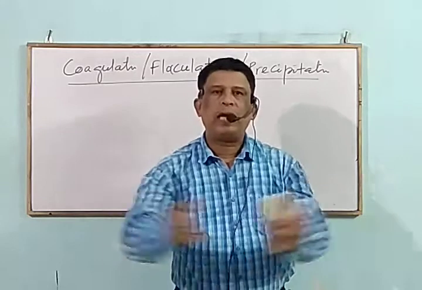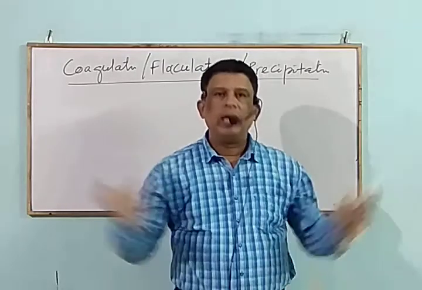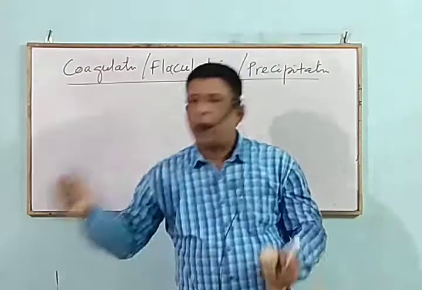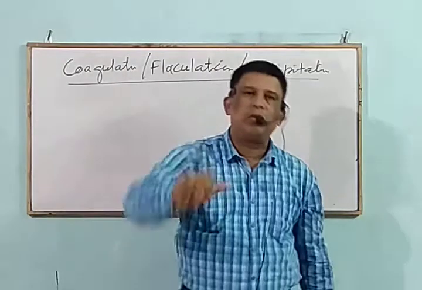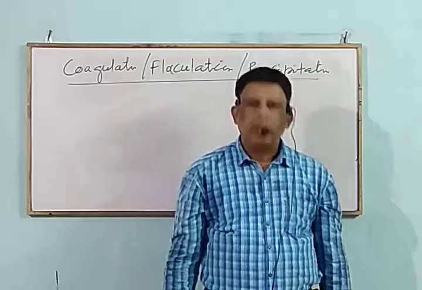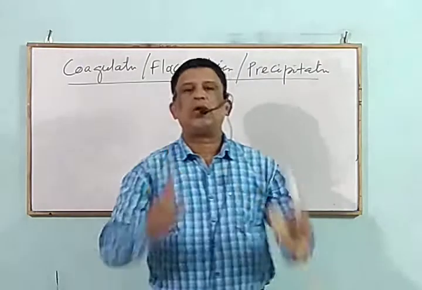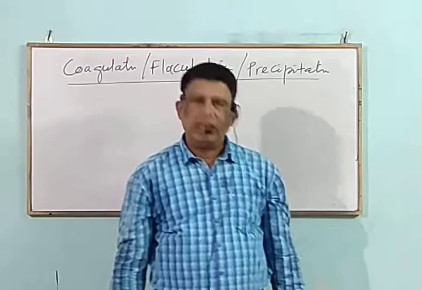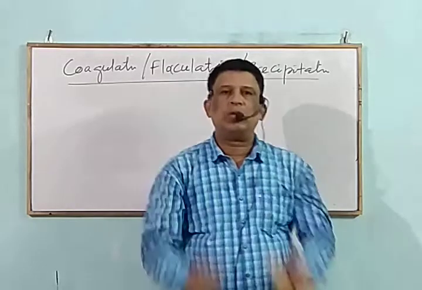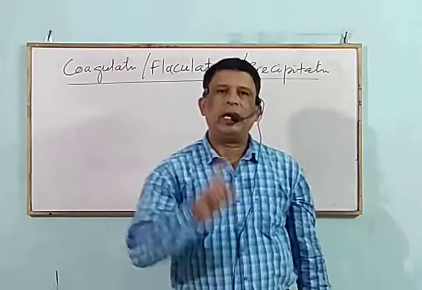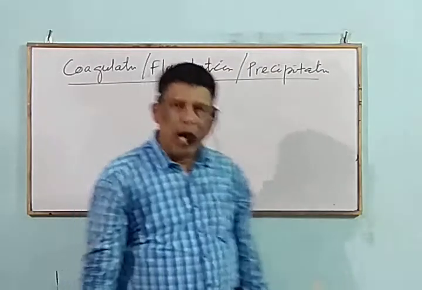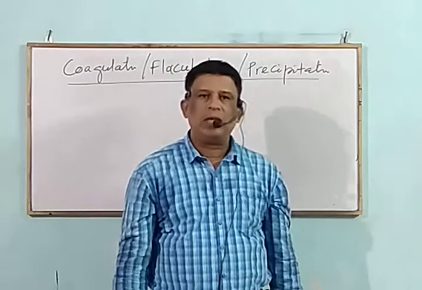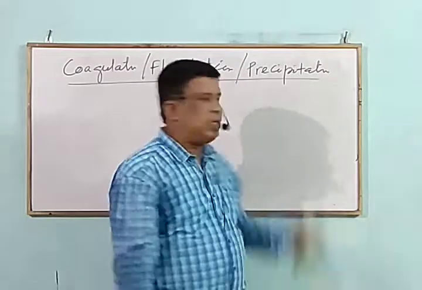The small particles come closer by addition of a suitable electrolyte or a suitable solvent, which neutralizes the colloidal particle charge, as a result of which they come closer and form a precipitate. That phenomenon is known as coagulation or flocculation or precipitation.